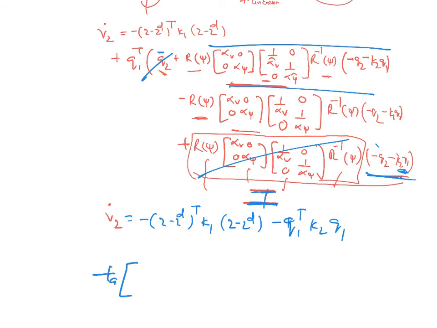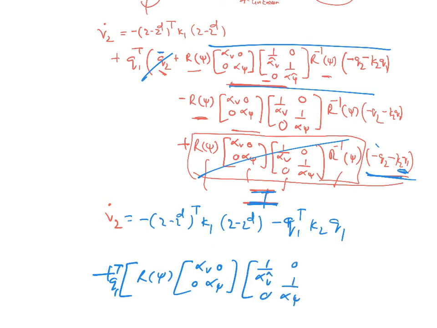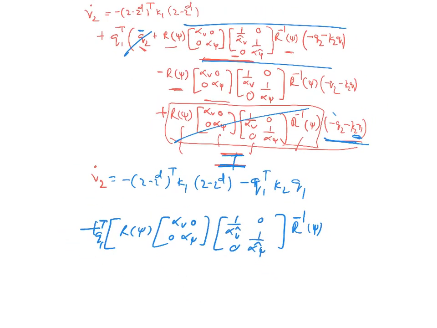That is Q1 transpose R psi alpha V 0 0 alpha psi, 1 over alpha V hat 0 0 1 over alpha psi hat, R inverse psi minus Q2 minus K2 Q1.